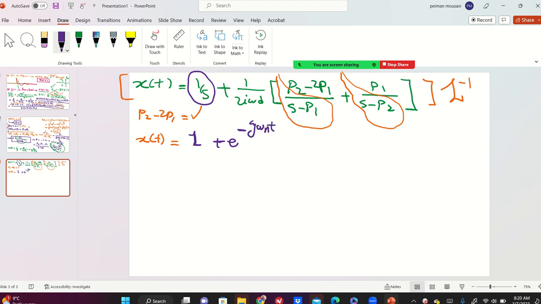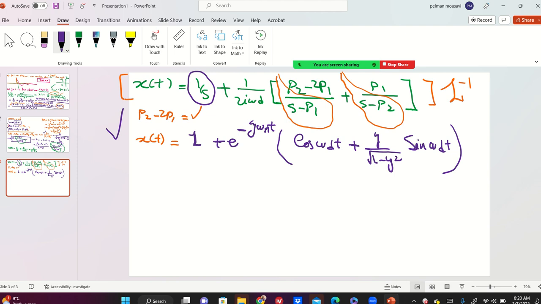Because I don't want to waste your time, it's gonna be cosine omega dt plus zeta over square root of 1 minus zeta square sine omega dt. Bingo. It's the response to unit step.